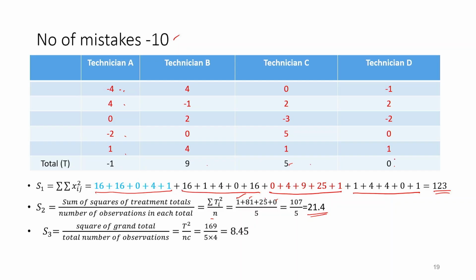If I add them, how much will it be? -1 plus 9 plus 5 plus 0. So 9 plus 5 is 14, minus 1 is 13. So the square of 13 becomes 169. And NC is 5 into 4, 20. So this value becomes 8.45.